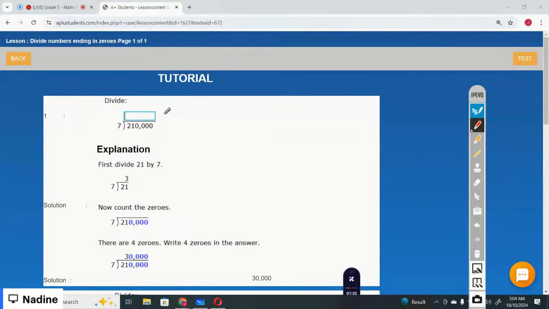The non-zero values are 21 divided by 7, which is 3. Count the zeros there. You have 1, 2, 3, 4 zeros. So the answer has 4 zeros. The correct option is 30,000. You need to put these zeros from the dividend with the answer. Got it?